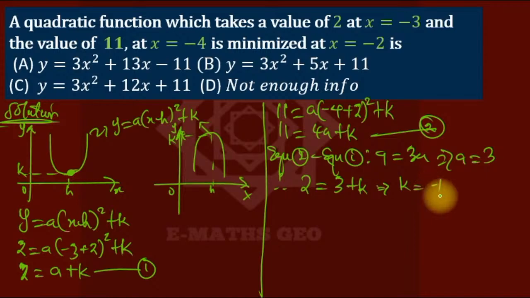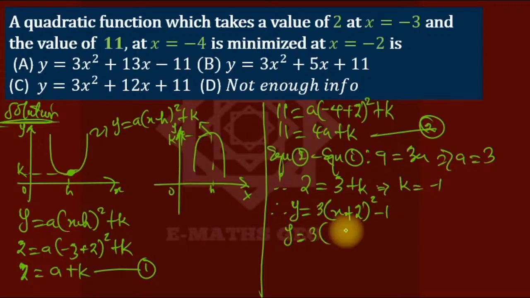So we'll now go back. We've gotten all the unknowns. So the function is now y equals 3 times (x minus 2), remember that minus -2 is plus 2, all squared plus k, where k is minus 1. So this is 3 times (x squared plus 4x plus 4) minus 1.